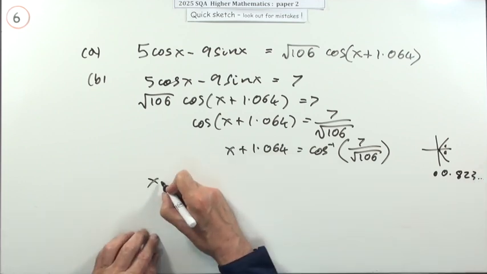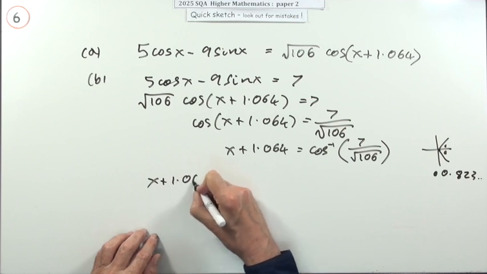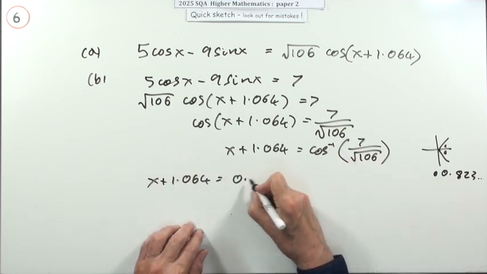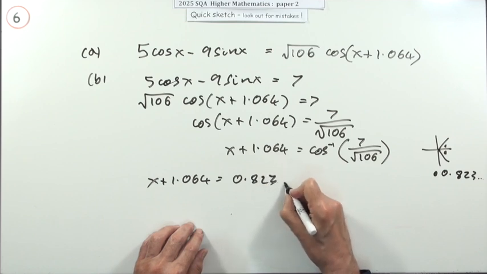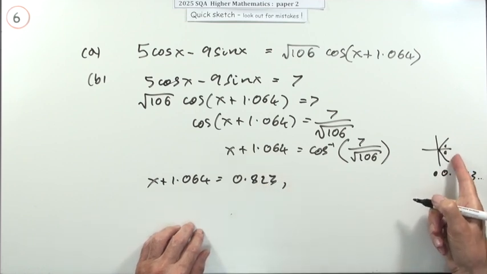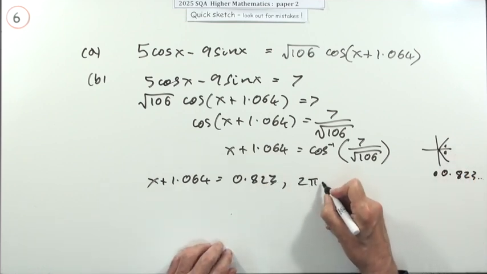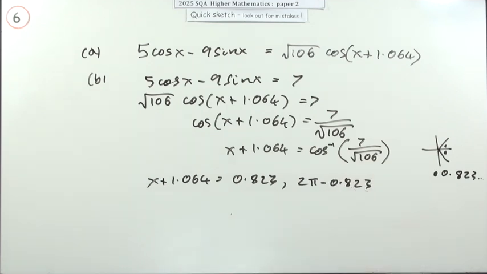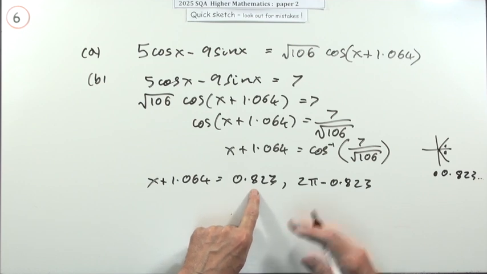Which means my answers will be x plus 1.064 will be either what it says, 0.823, or it will be 2 pi minus 0.823. Now straight away you can see that's going to subtract, that's going to go negative, and that's outside of the range of 0 to 2 pi.